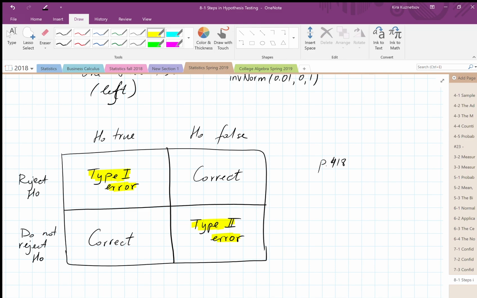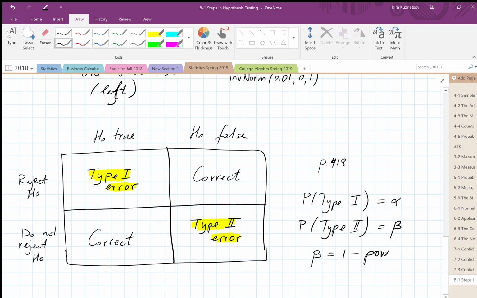But if the opposite is true, if you're trying to say that the alternative hypothesis is true, then the severity of the error is reversed. The analysis of type 1 and type 2 error is something done separately, but the probability of type 1 error is your alpha, and the probability of type 2 error is labeled with the letter beta, which is 1 minus something called the power of a test.